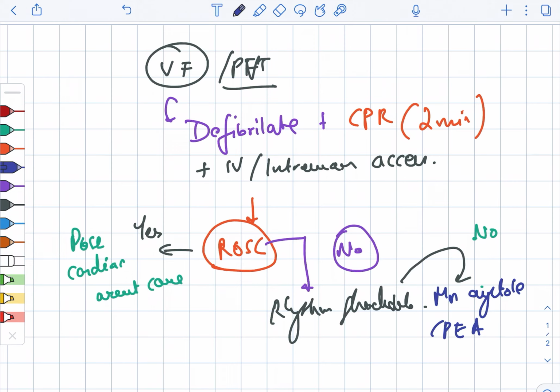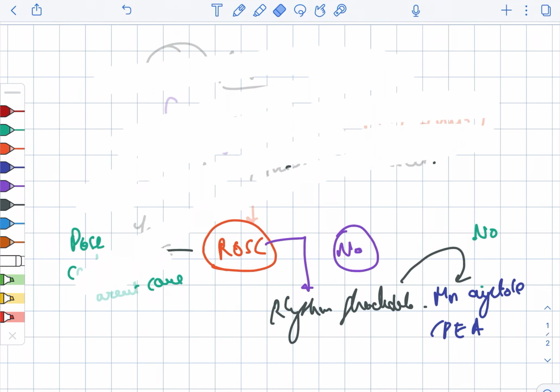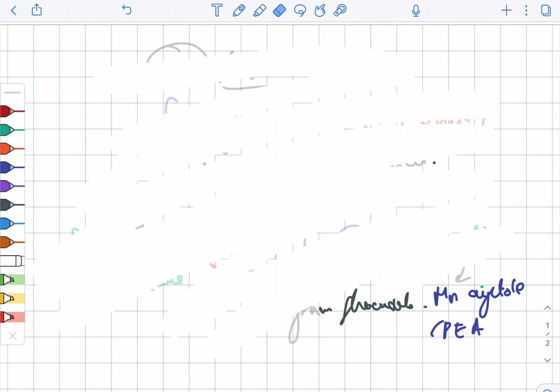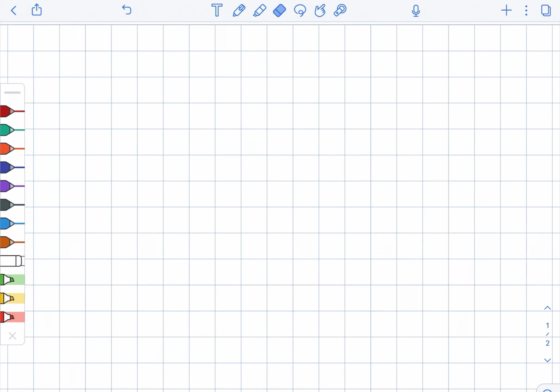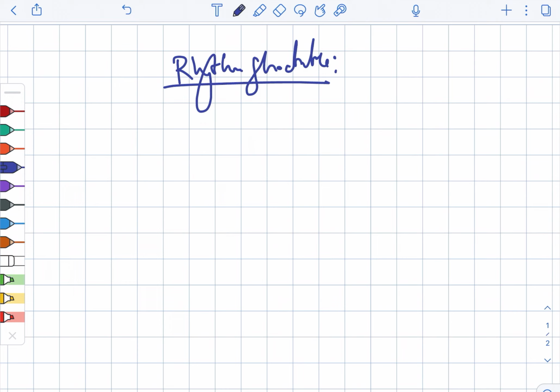Next, we see if the rhythm is shockable. In case the rhythm is shockable, if it is yes, further there is the defibrillation that is done, along with the CPR.